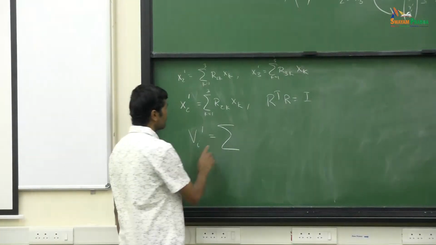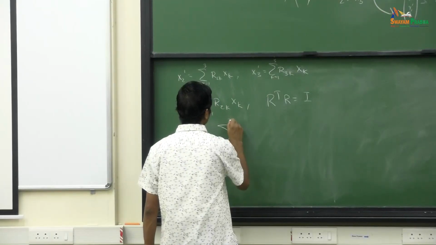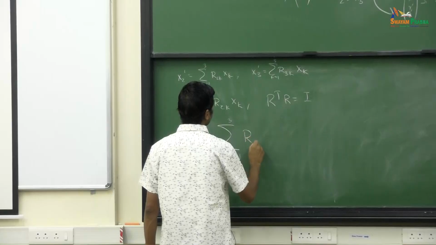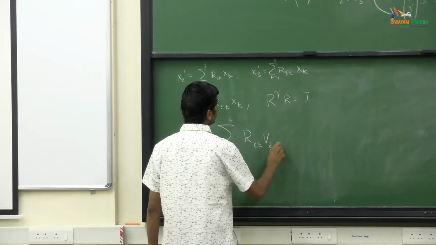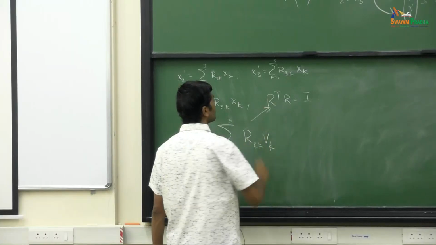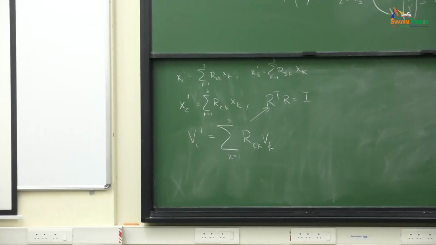It will go from Vi prime to the sum over k equal to 1 to 3 of R_ik V_k, where R_ik satisfy this relation.